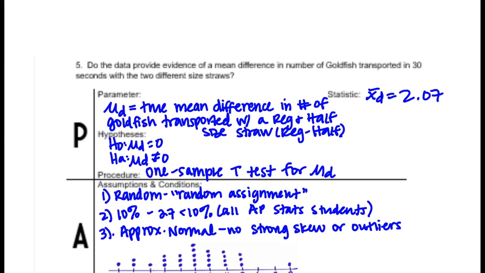Okay, so if you don't have this little subscript, make sure that you add it to your parameter. So our parameter is the true mean difference in the number of goldfish transported.